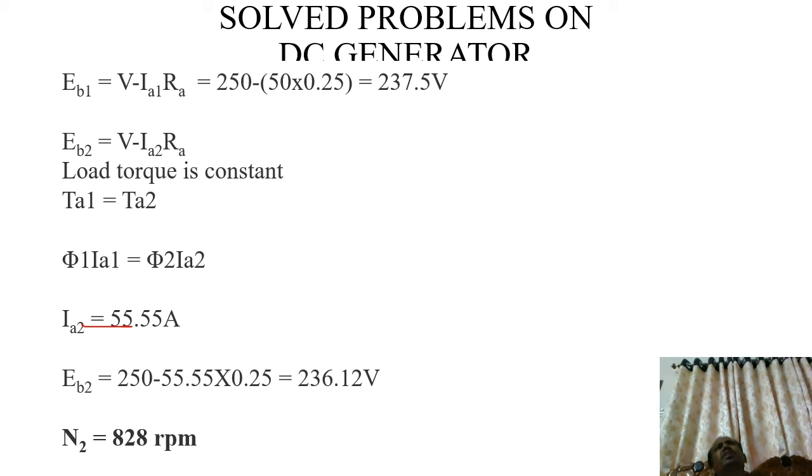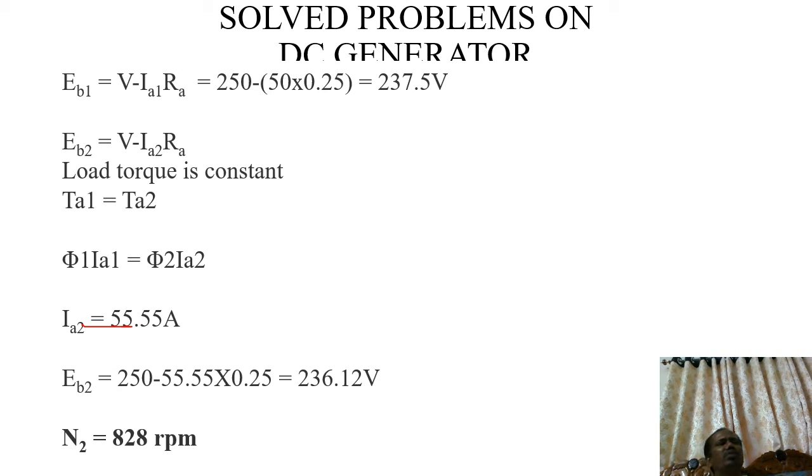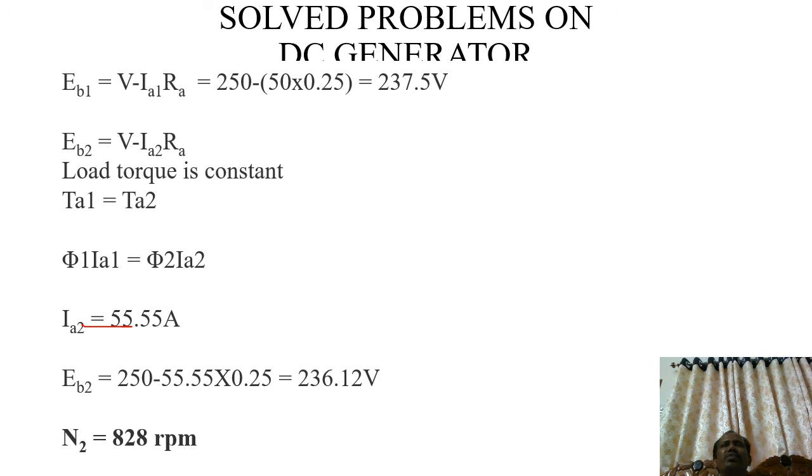Similarly, you can consider the long shunt and short shunt compound generators. In the long shunt compound generator, the shunt field winding is connected across the series combination of the series field winding and the armature winding.